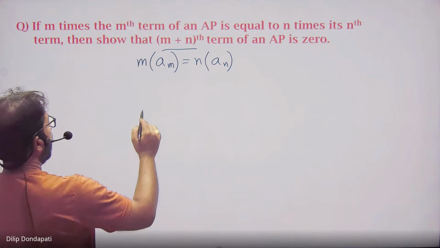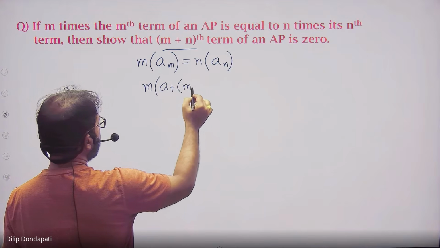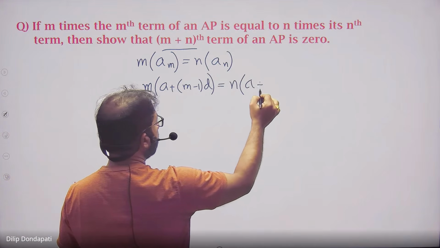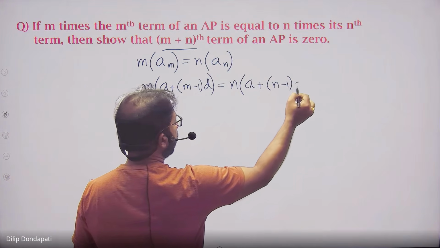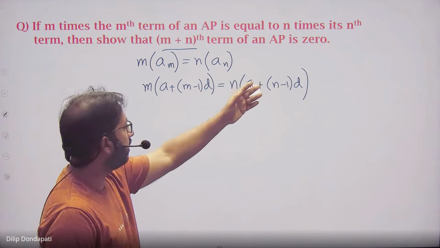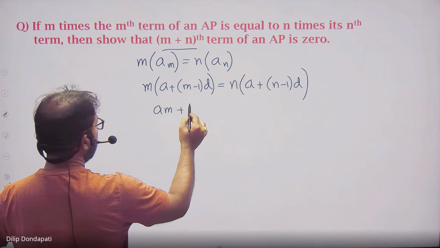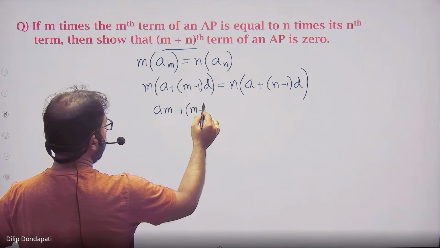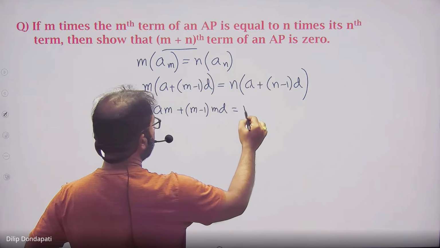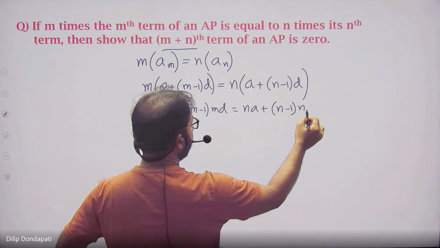Okay, let's expand. m times of a plus m minus 1 into d is equal to n times of a plus n minus 1 into d. Right? Understood till here? This is the given equation. Just multiply inside, then we'll see. am plus m minus 1 into m into d is md, is equal to na plus n minus 1 into n into d is nd.